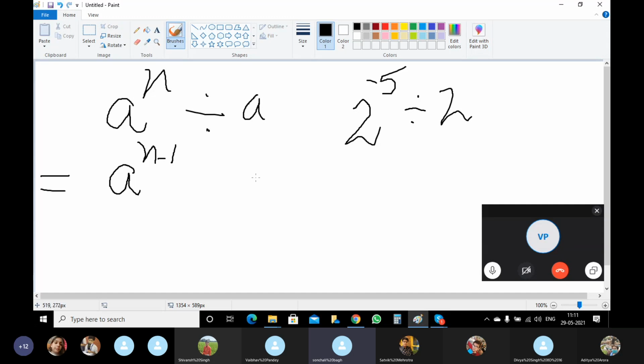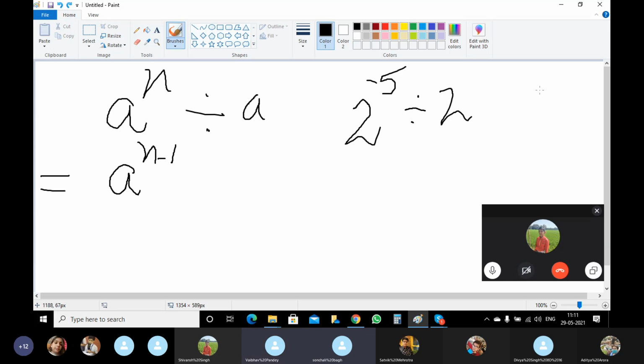Now, if this power changes to negative, what will be the change? If the integer is now negative, then what is happening? Ma'am, the base will reciprocate. No, I am not talking about the base. I am asking about the change, division, and we are dividing by the same number.